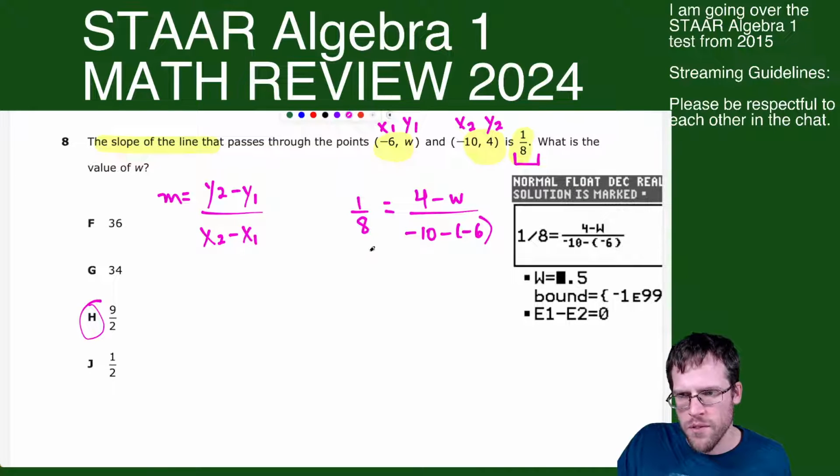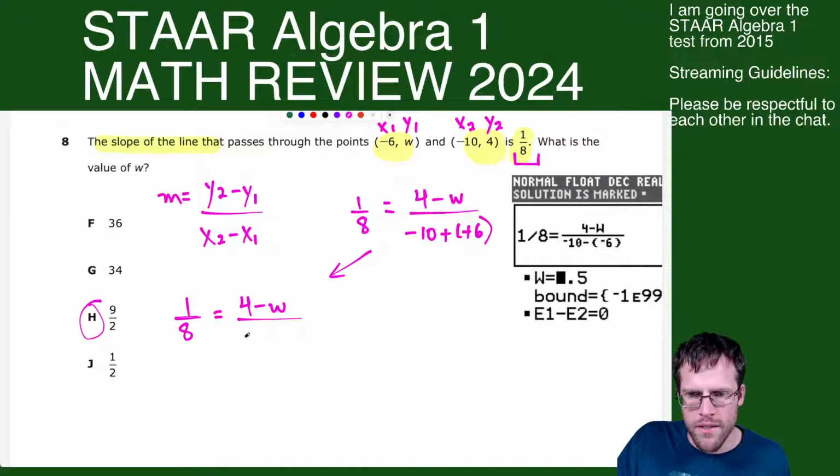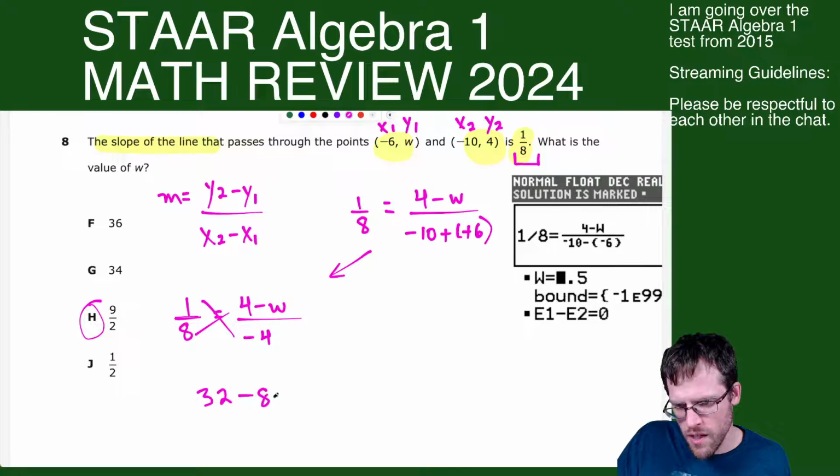For this, first I would simplify. I would say 1 over 8 equals 4 minus w over, this becomes negative 10 plus 6, because I have minus minus. And then negative 10 plus 6 is negative 4. And then I cross multiply. I have 8 times 4 is 32, minus 8 times w is 8w.